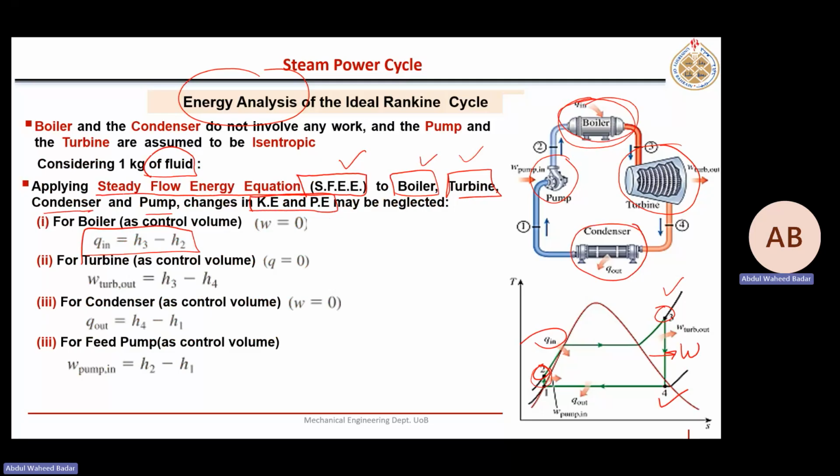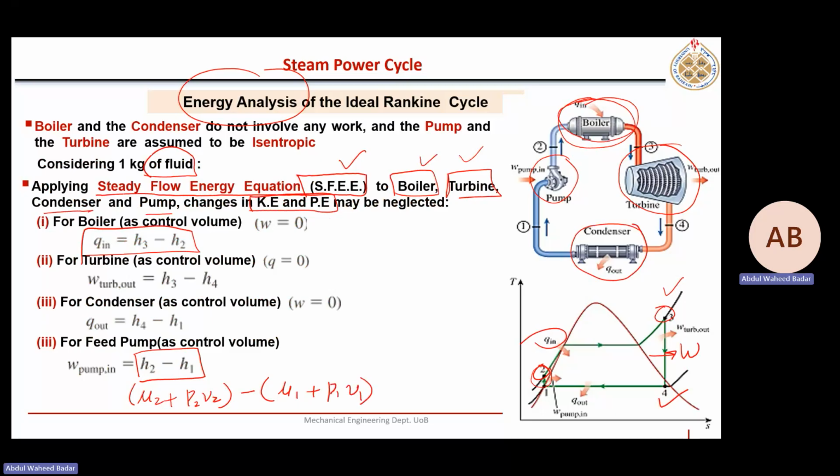Except here the issue is for the pump. For the pump, which is entirely in the liquid region, the difference between 1 and 2 is only due to pressure. And these pressure lines are very, very close to each other in the liquid region. So for the pump, you can write it as U2 plus P2V2 minus U1 plus P1V1, that is enthalpy.